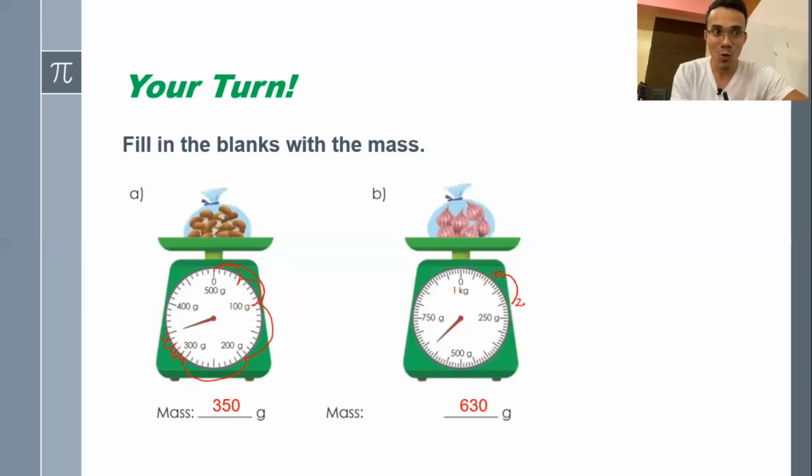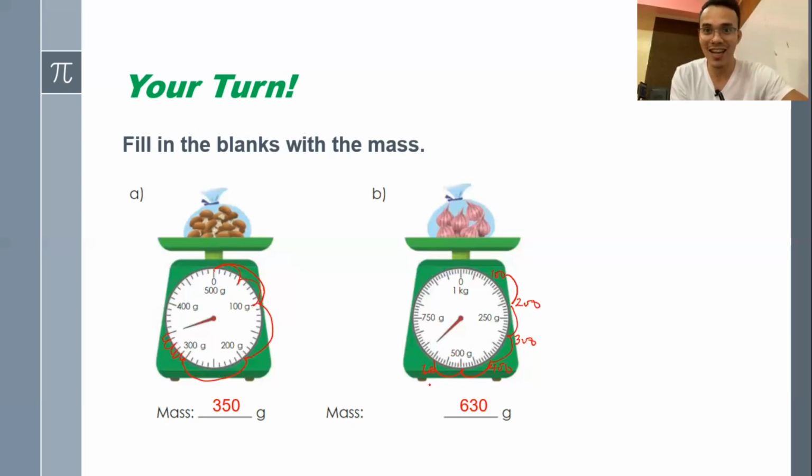This is 200. This is 300 grams. This is 400 grams. This is 500 grams. It's already written here. This is 600 grams. And the needle is near 600 grams.